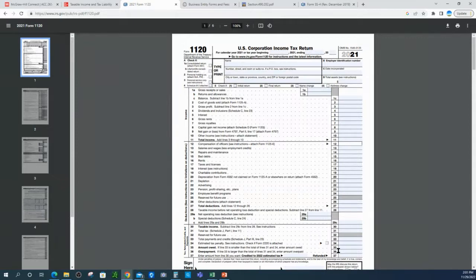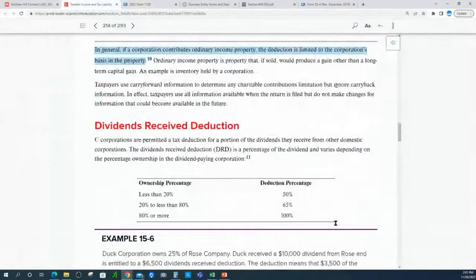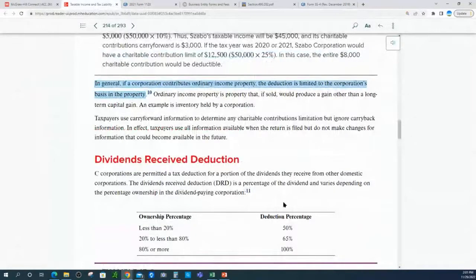But when they pay those dividends to shareholders, shareholders now do have to pay tax on them. So essentially the tax on those dividends has been paid at the corporate level, and then it has also been paid at the individual or shareholder level. So that income has been taxed twice.